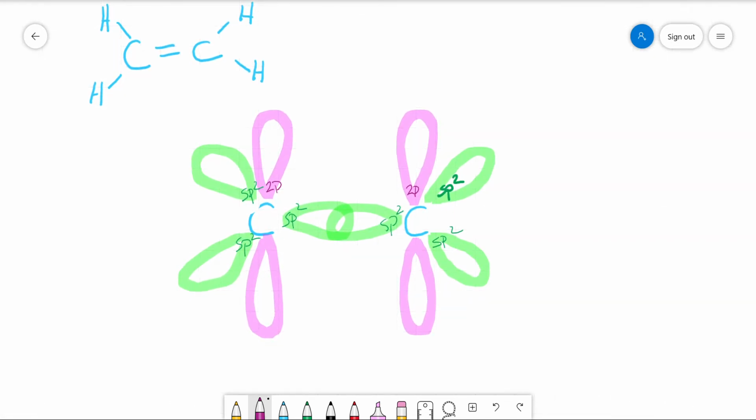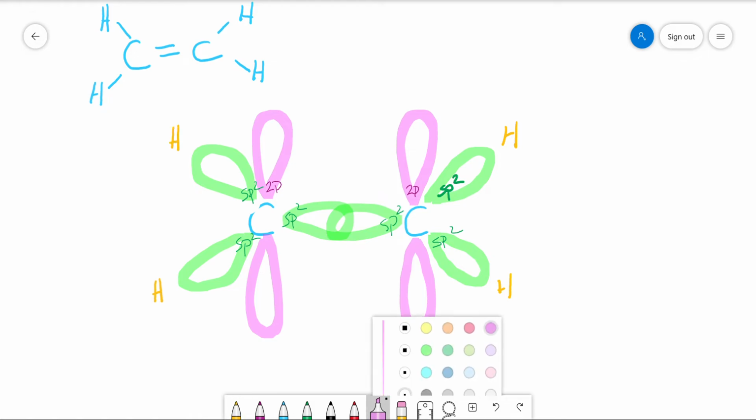All right, so now let's bring our hydrogens in. Hydrogen, hydrogen, hydrogen. Whoops. Hydrogen and hydrogen. There we go. And now let's add their orbitals.